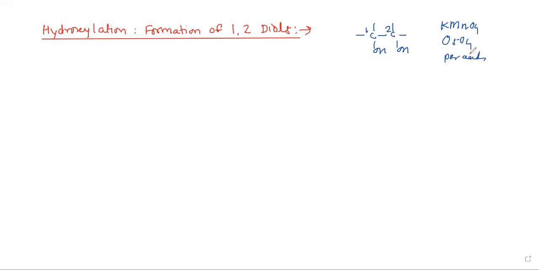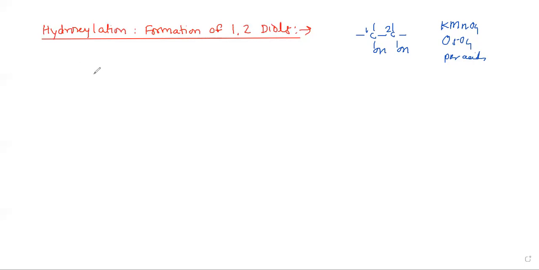Per acids are also used to carry out the hydroxylation. And the product formed in this reaction is the 1,2-diols.